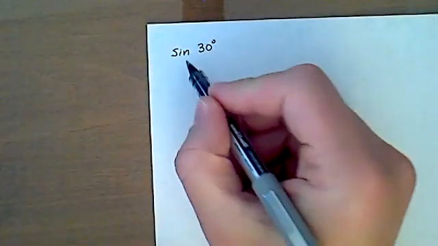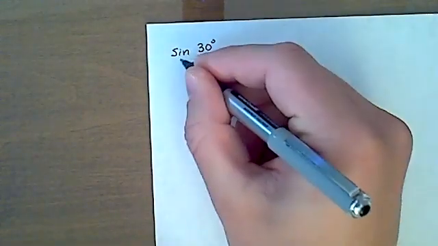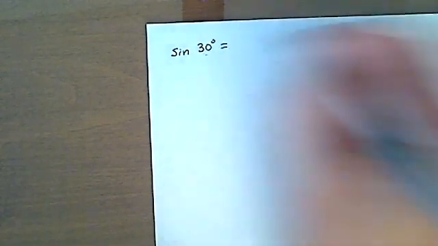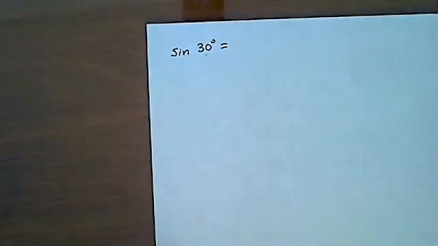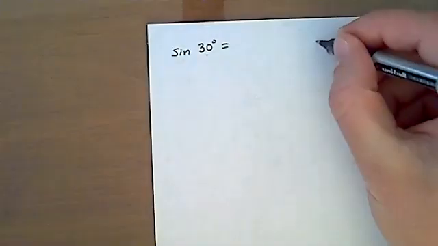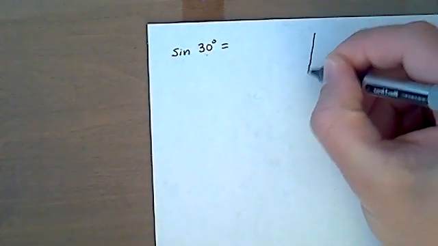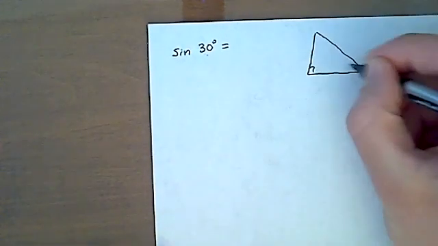We're going the other way now. The sine of 30 degrees has to be some ratio. And it's always going to be the same, no matter how big the triangle is, because they're similar triangles. So let's take a look at a 30, 60, 90 triangle.